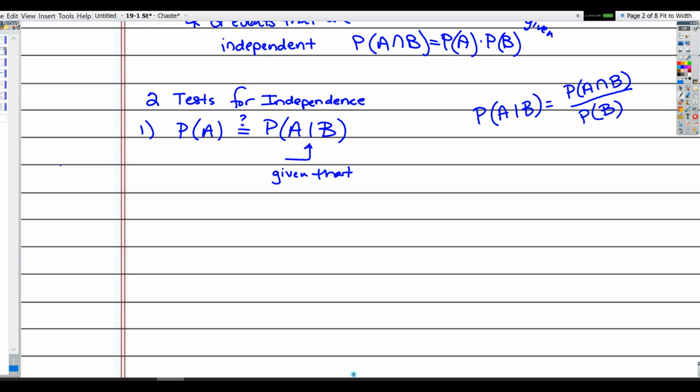I can also do the number, instead of probability, the number that are in A and B divided by the number that are in B. So essentially what I'm doing is the number in the intersection out of the number in the given. In a minute, it's going to make so much more sense to you. We'll come back and talk about that in just a second. But that's the first test. So put a little asterisk here because you have to go off to the side to compute that.